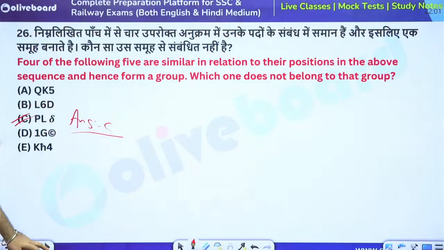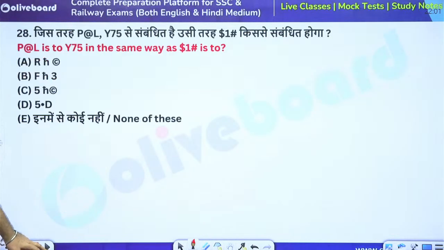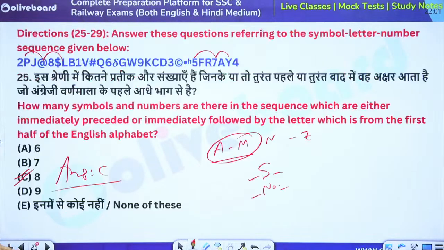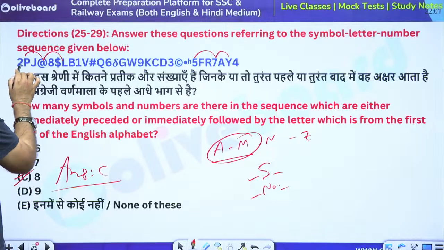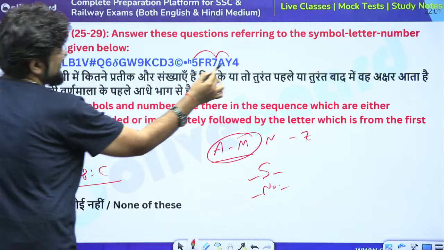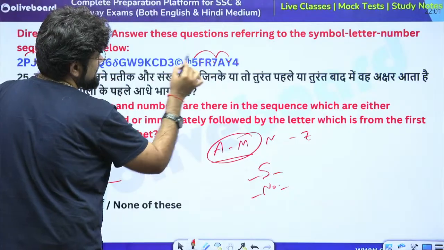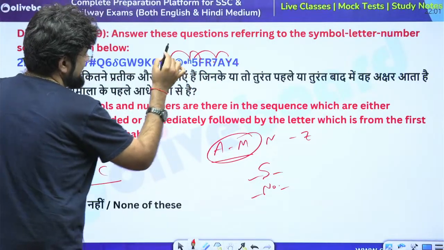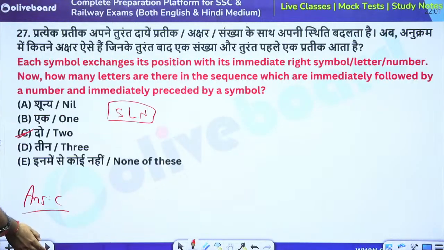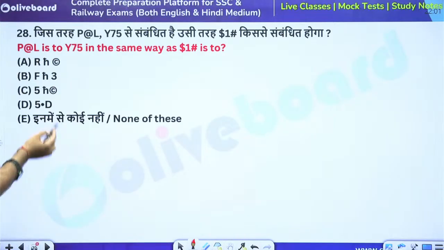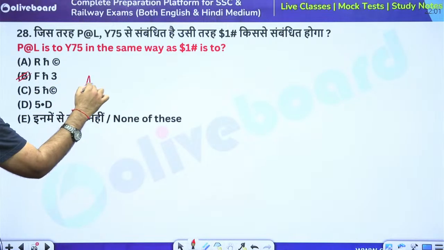So in the same way, they are asking us dollar. Dollar is the 1, 2, 3, 4, 5, 6th letter from here. So 1, 2, 3, 4, 5, 6 letters. So F, H3. FH3. Option B is the right answer.